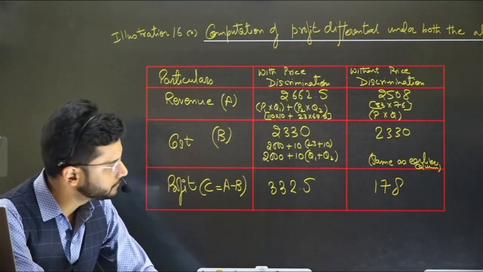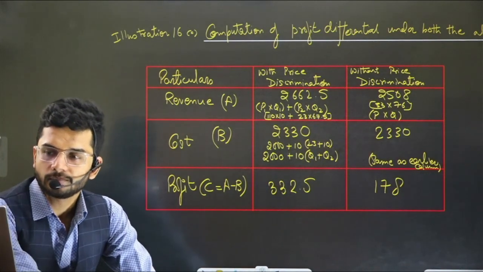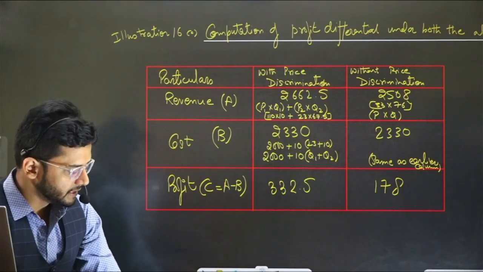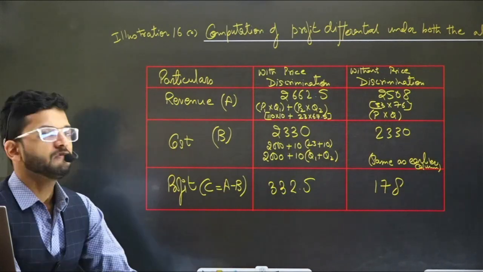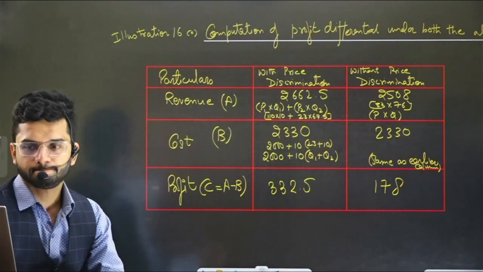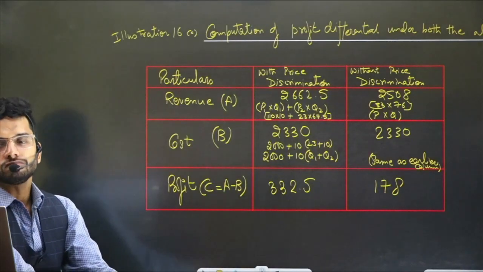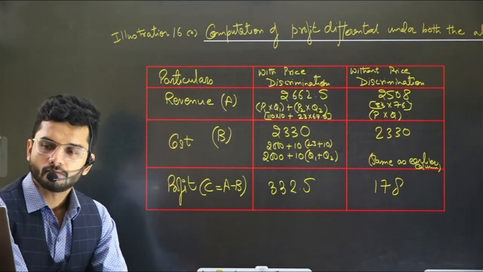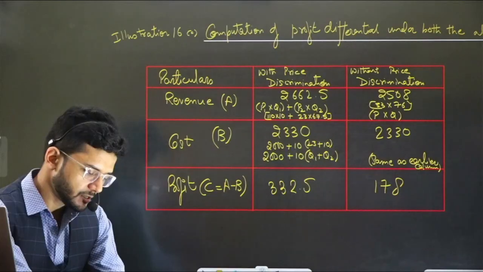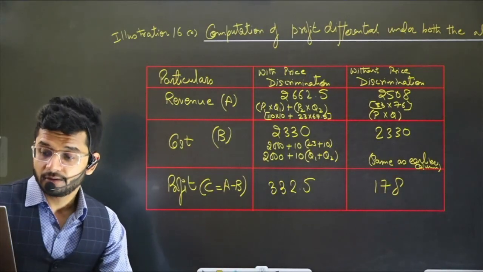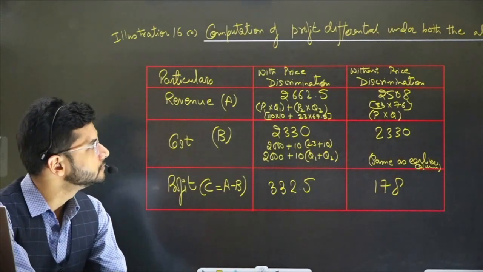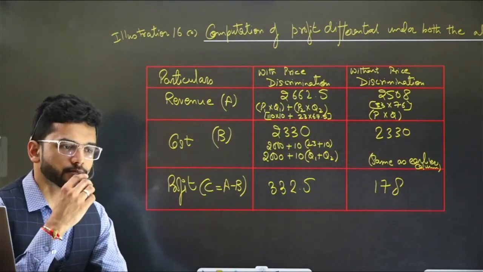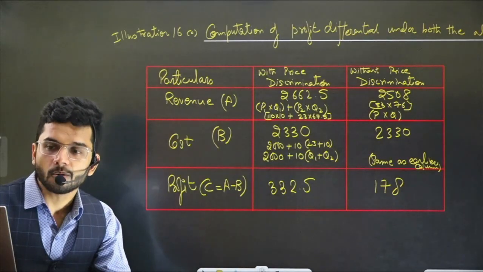Let's conclude. From the above computation, it can be seen that the profit of the monopolist will be maximized when price discrimination is adopted.